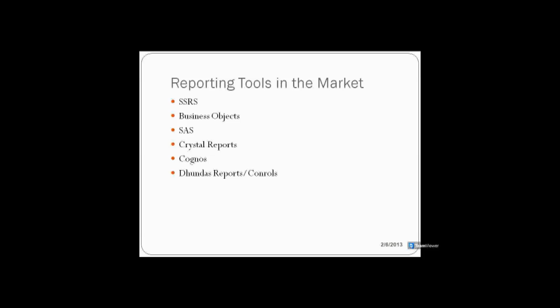Very rich controls are available in Dundas reports. This is a third-party tool, not a Microsoft tool, but definitely SSRS can consume a few controls from Dundas reports. You can create very rich reports. But by default, SSRS does not have that kind of richness. But definitely using Dundas reports, Dundas controls, you can get that kind of richness in your SSRS.